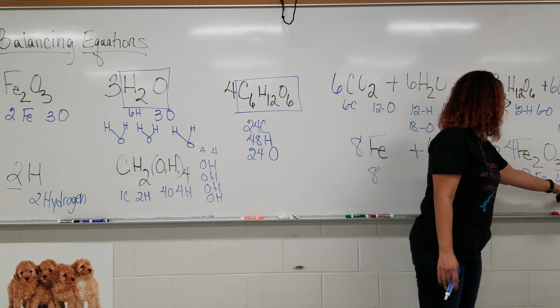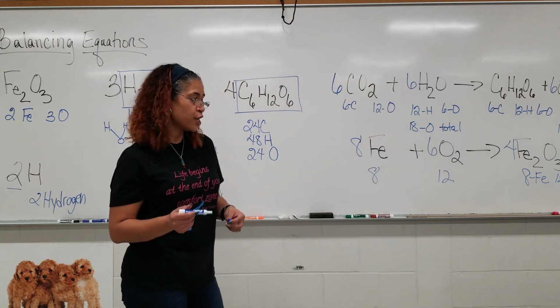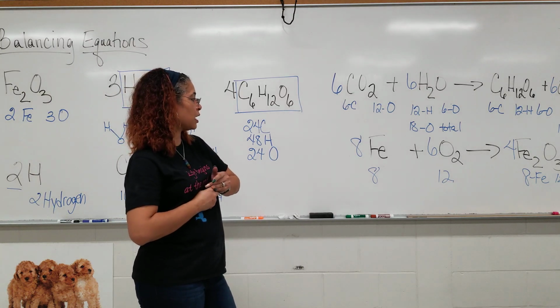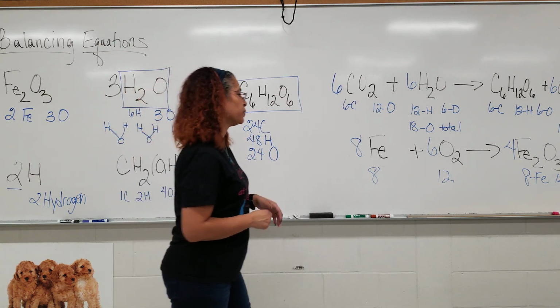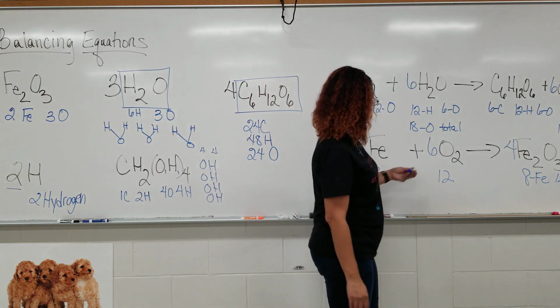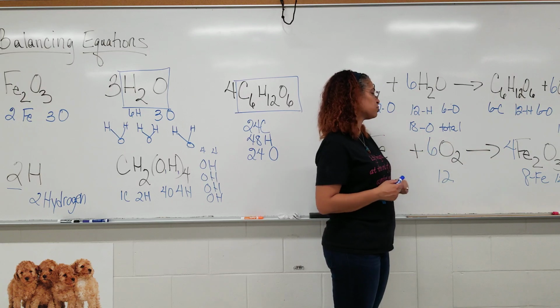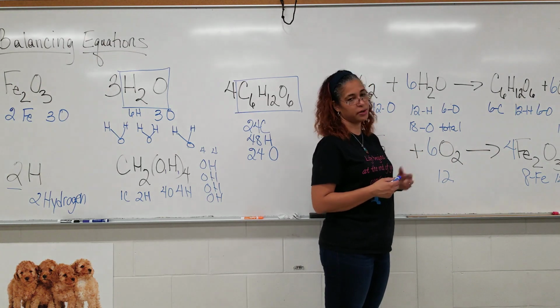This is 8, and this is 12. And we've now balanced our formula again. So if we double the number of iron oxides, the number of iron atoms that we used, we would then double the number of oxygen as well, and it would actually give us 4 moles of iron oxide.